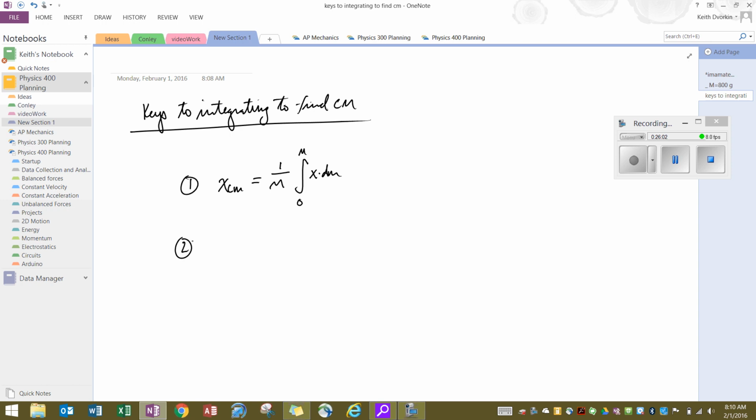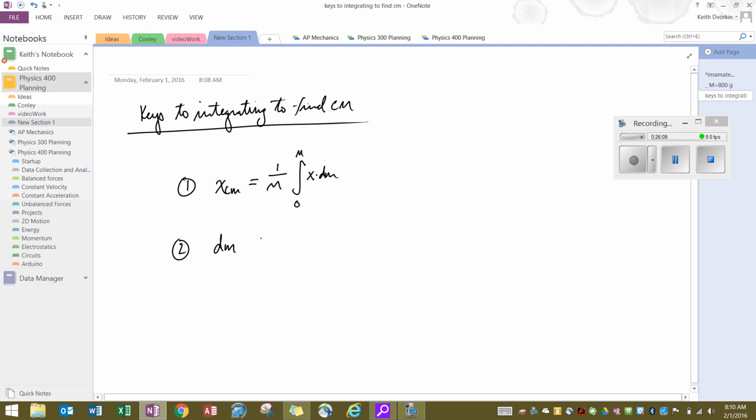Second thing is, dm is not really something we can integrate over; we can't really integrate over masses. So what you have to do is write out the mass of the object as a function of location.